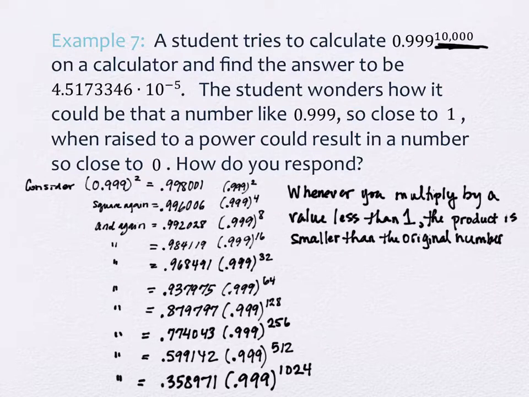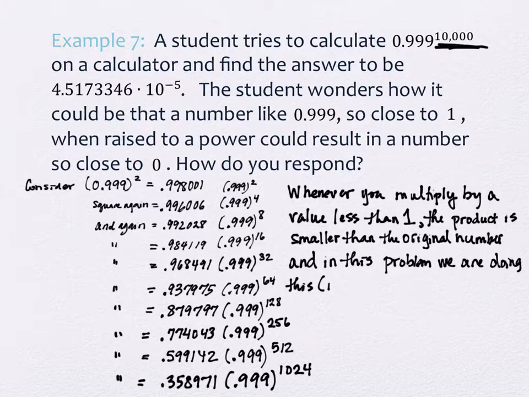And here, in this problem, we are doing this, and what I mean by doing this is we are multiplying by a number smaller than 1.